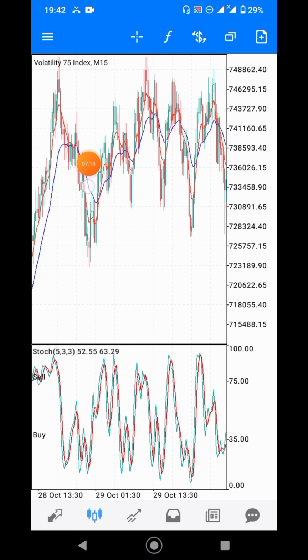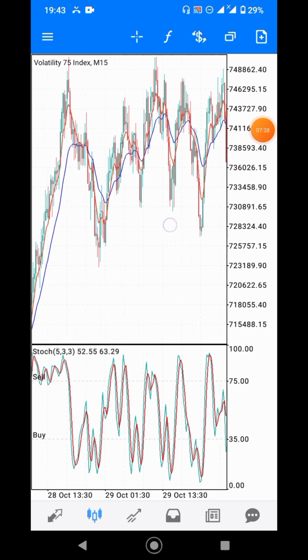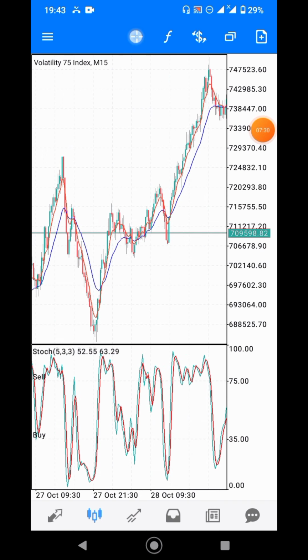Do not take trades, just leave the market. It's when the market is in a strong uptrend or strong downtrend that you can look to enter. If it's consolidating like this, just moving in a range, avoid trading, because it might stop you out.